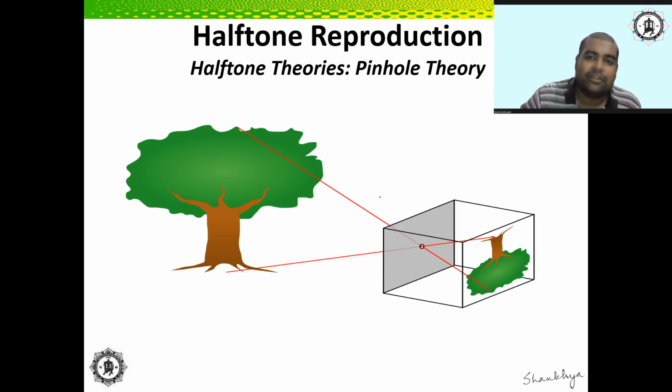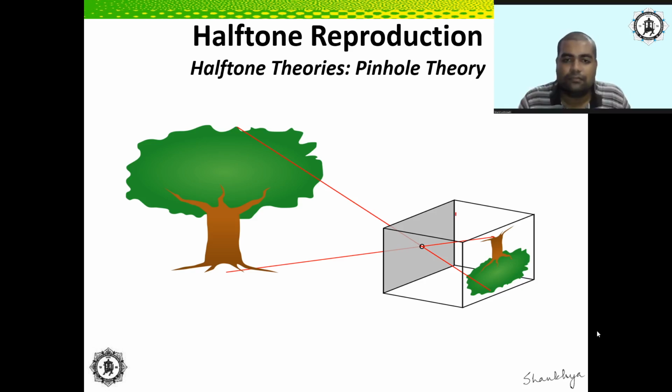If you expose the film through that small pinhole, then light will enter and hit the film. If it's a light sensitive film, then that film will get exposed, and if you take out that film and develop it, you will be able to get the photograph from that camera. So this is the concept of the pinhole camera.